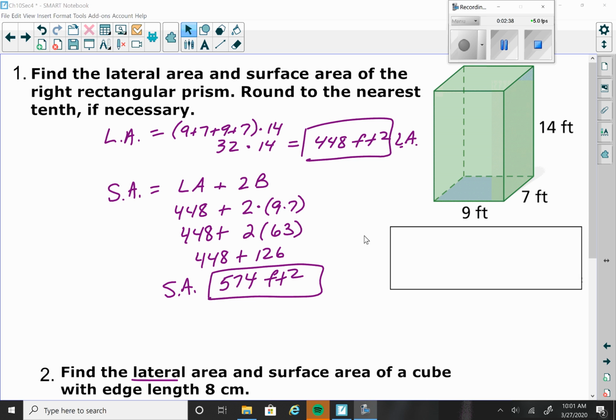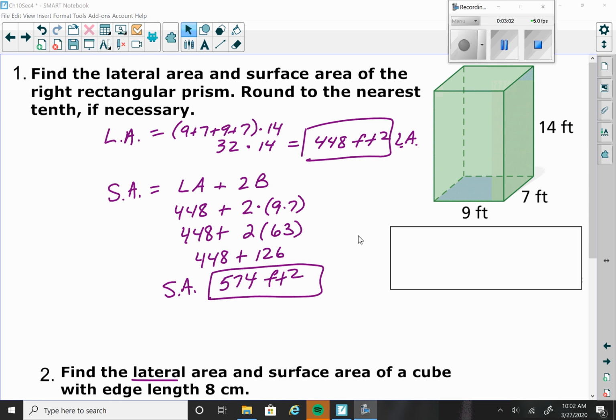Okay, so for the rectangular prism, my lateral area, again, the perimeter of my base, 9 plus 7 plus 9 plus 7 times my height, which is 14, gives me a lateral area of 448 feet squared. My total surface area is going to be that lateral area plus the two bases. The bases are 9 by 7, so 2 top and bottom times 9 times 7.